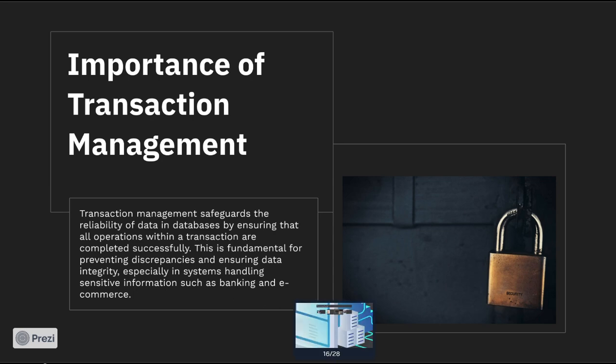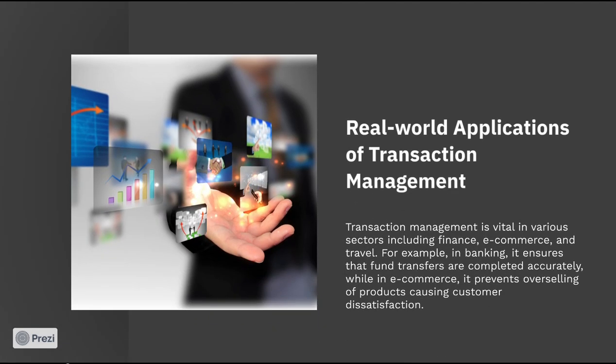What is a transaction? So what exactly is a transaction in database terms? Think of a transaction as a single unit of work that needs to be completed fully or not at all. It's like ordering food online.